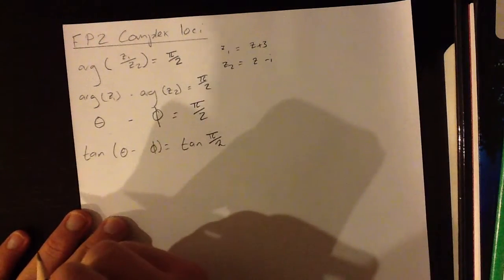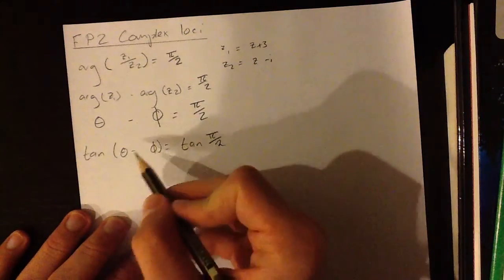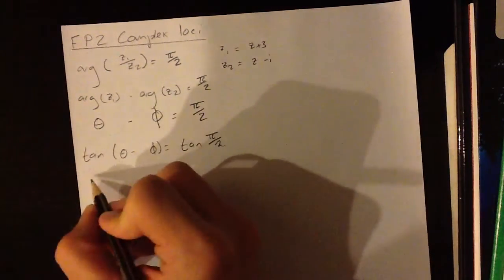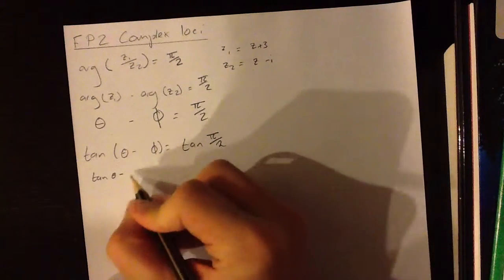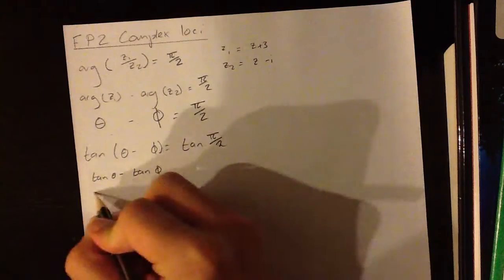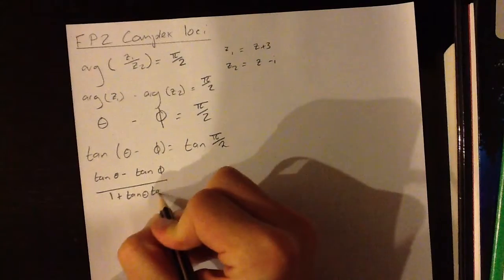You use the identity for tan to simplify this, express this in a different way, which is tan theta minus tan phi over 1 plus tan theta tan phi.